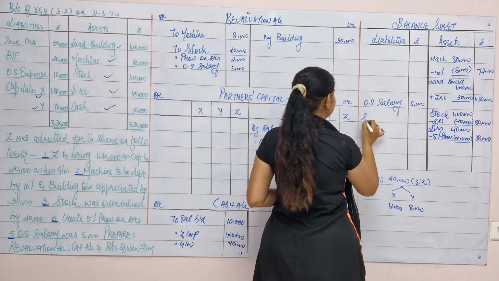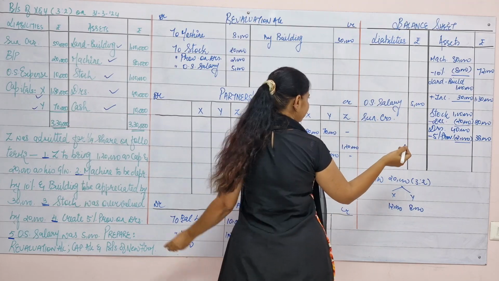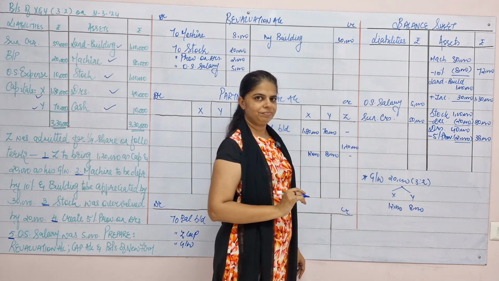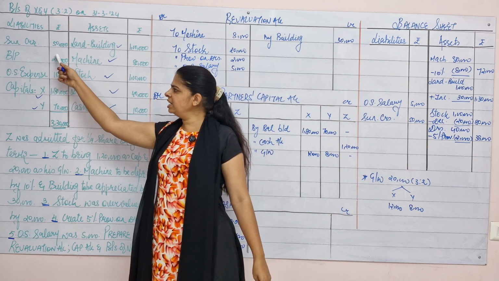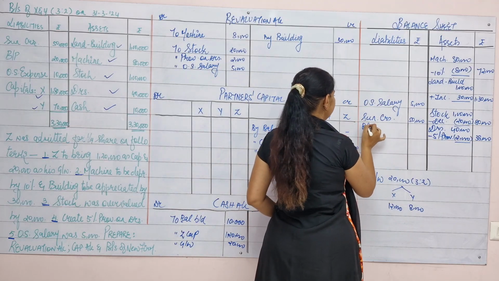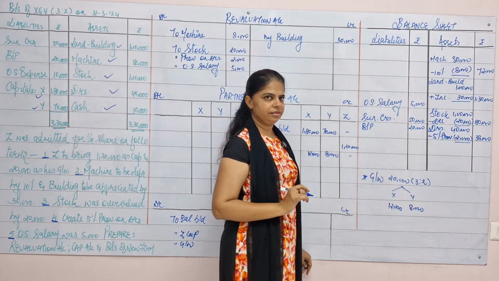So you'll have sundry creditors over here and they were of 50. We will pick and drop them with 50 only. Then you have bills payable of 20. Simply pick them and drop them. You have bills payable 20,000.